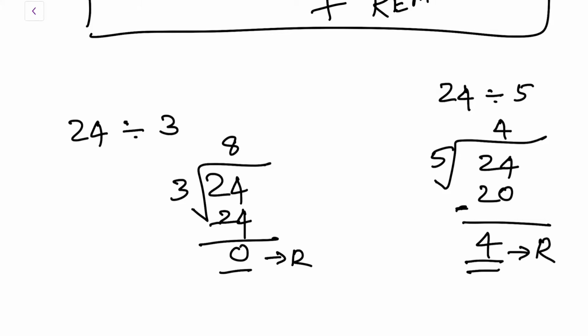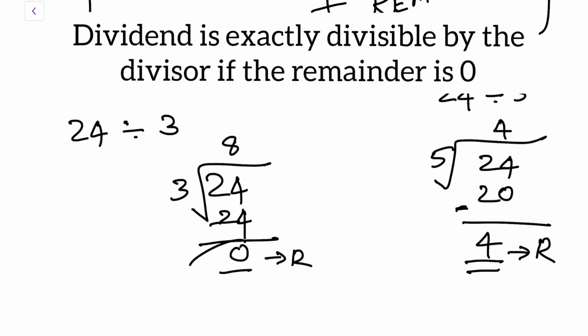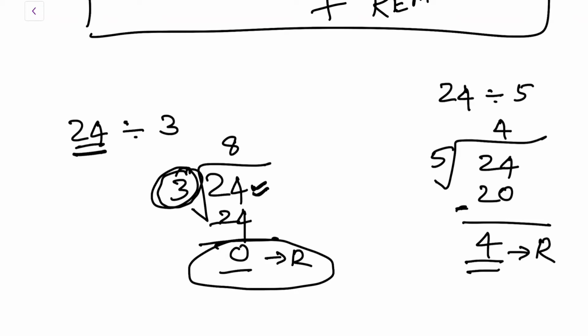Now, please note that when the remainder is 0, we say that the dividend, that is 24, is exactly divisible by the divisor, that is 3. So we can say 24 is exactly divisible by 3 if the remainder is 0.